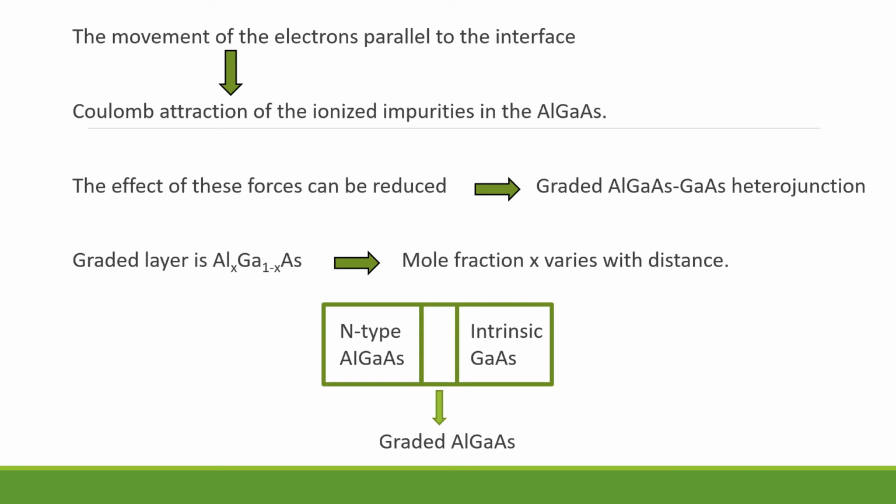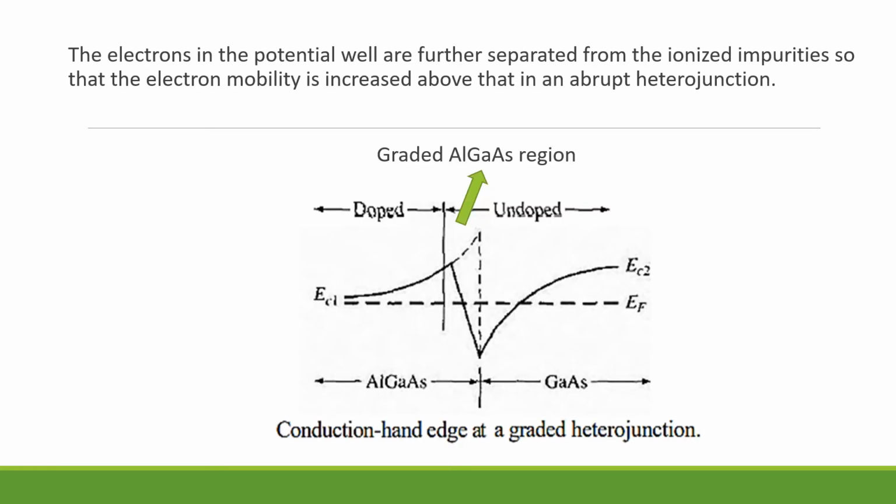In this case, an intrinsic layer of graded aluminum gallium arsenide can be sandwiched between n-type aluminum gallium arsenide and intrinsic gallium arsenide. The figure shows the conduction band edges across a graded aluminum gallium arsenide heterojunction in thermal equilibrium. The electrons in the potential well are further separated from the ionized impurities so that the electron mobility is increased above that in an abrupt heterojunction.